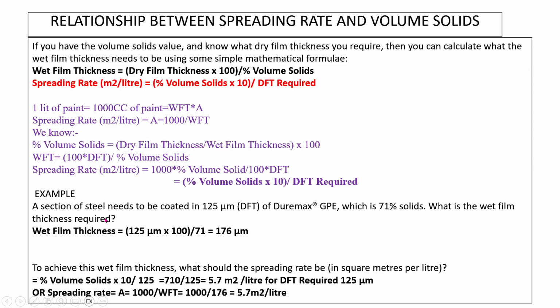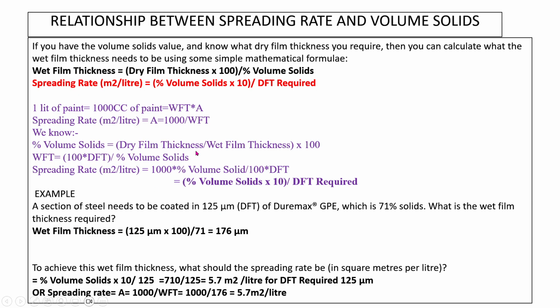For example, suppose a steel section needs to be coated with 125 micron DFT of Duramax GPE paint, which is 71% volume solids. What is the wet film thickness required to get 125 micron?